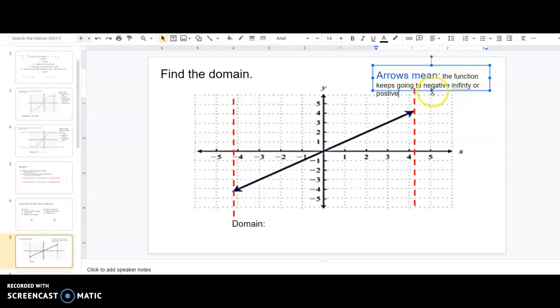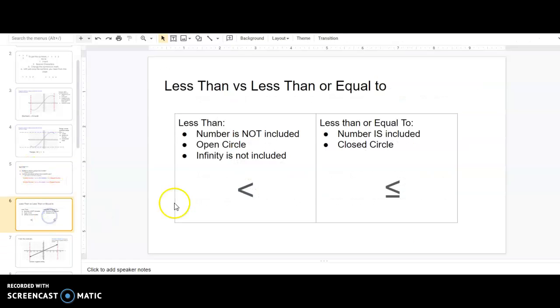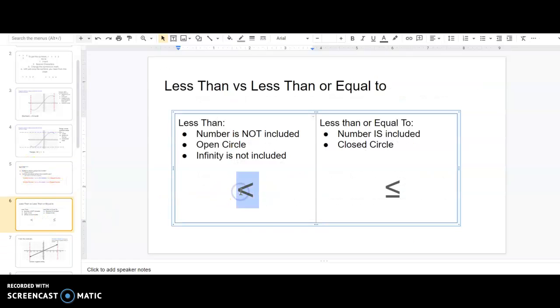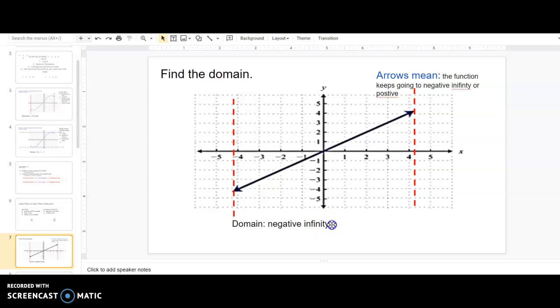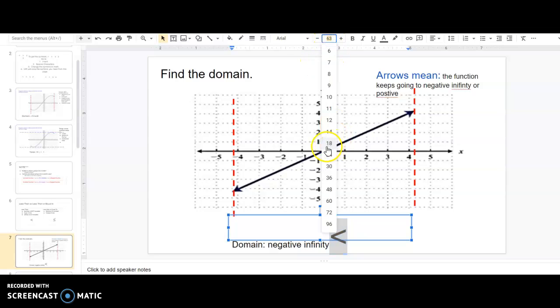So let's look at this. The domain goes at this arrow. This arrow means it keeps going. So technically we start at -infinity. I'm going to write it because I don't know how to write this symbol here. -infinity is less than. We just determined that we have to use the less than symbol. So I'm going to use this one, Control Copy, because we don't include infinity. Okay, and then I got to make that smaller.